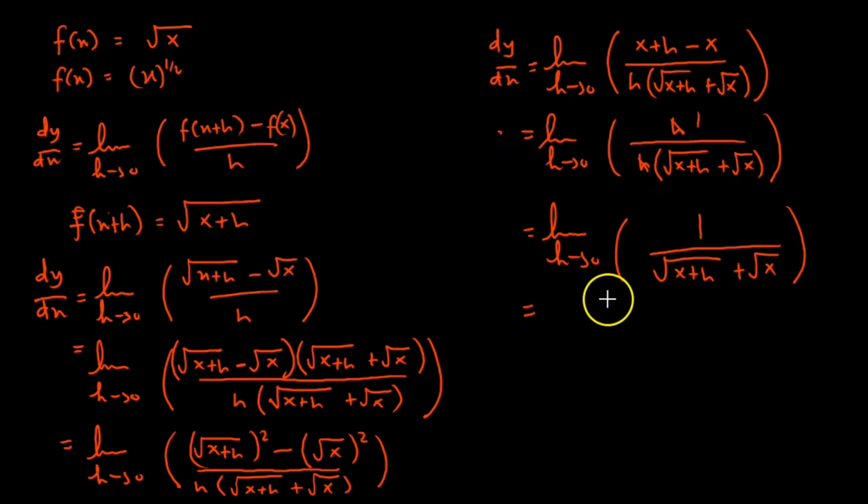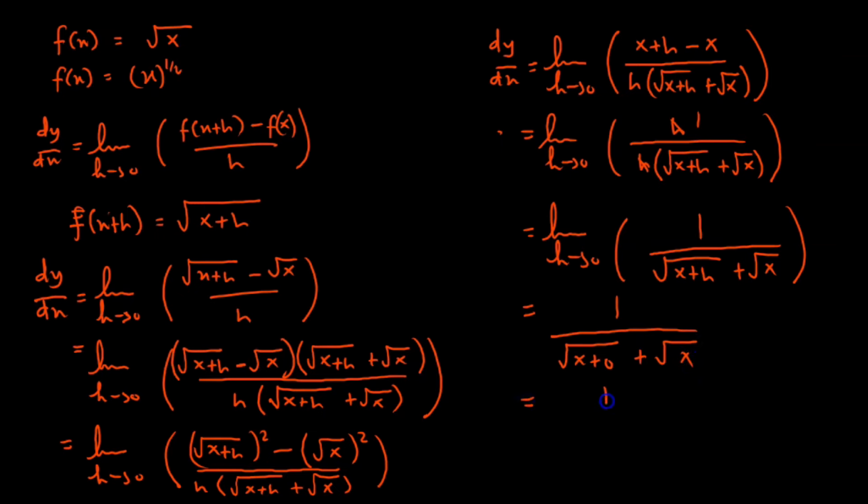Now, at this moment, you realize that we have to ask ourselves a basic question. When we substitute the value of 0 into the function, will it give us an undefined solution or not? And ideally, it's not going to give us an undefined solution. So therefore, we can go ahead and substitute. So we'll have it as 1 over square root of x plus 0 plus square root of x.